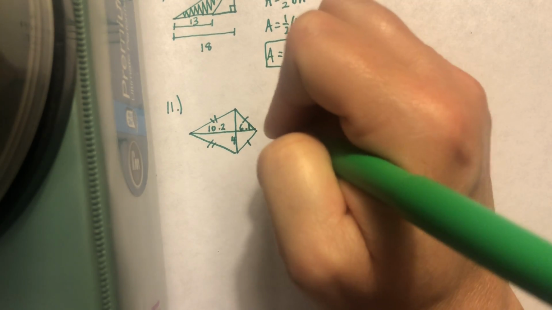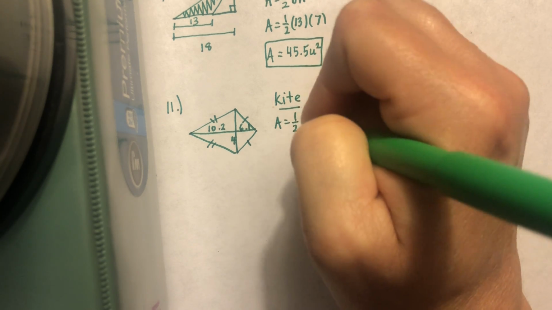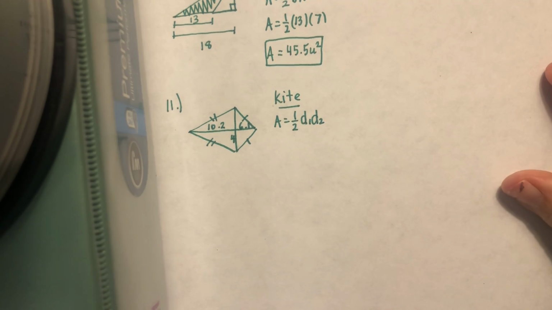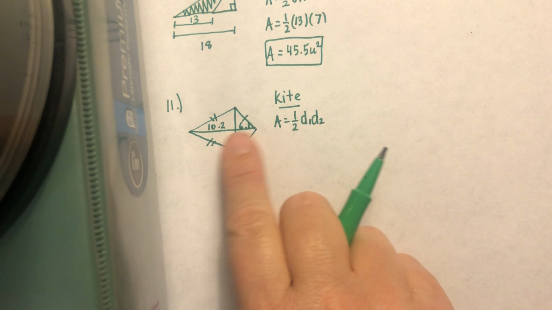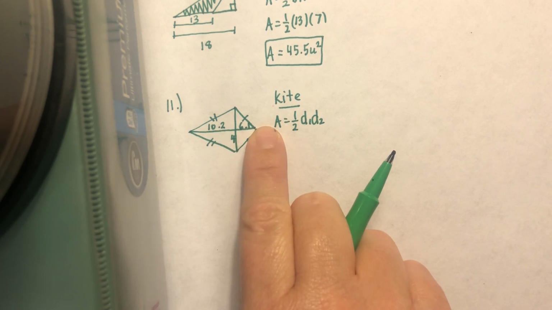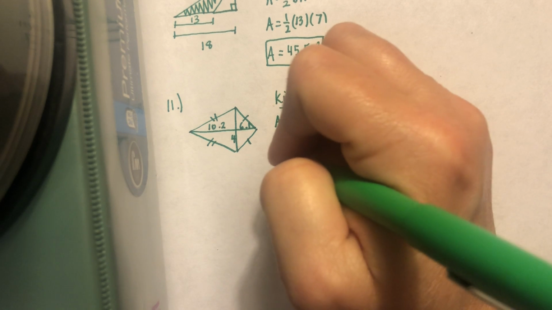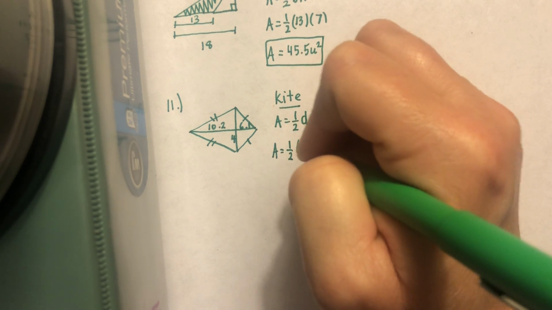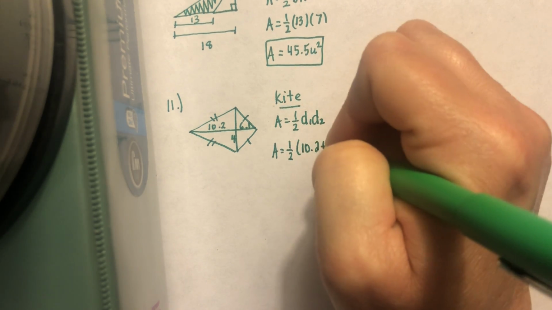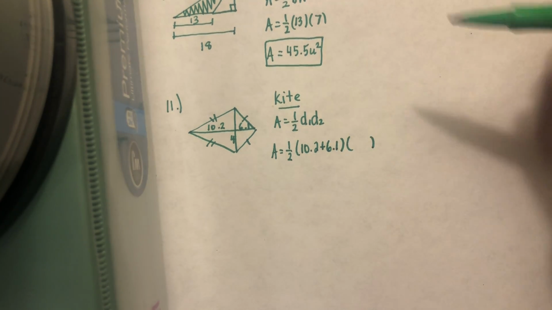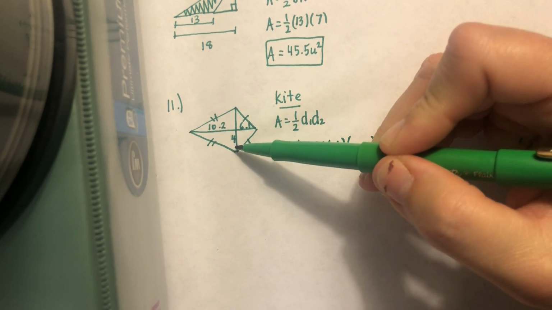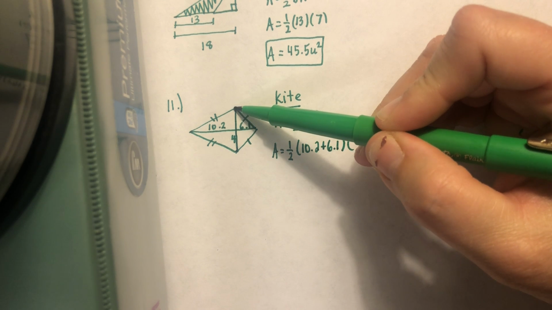My formula for area of a kite is 1/2 diagonal 1 times diagonal 2. Okay, so my first diagonal, let's just do this long one, is going to be 10.2 plus 6.1. I'll even write it in there like that for right now. Now the second diagonal is going from here all the way across to there.